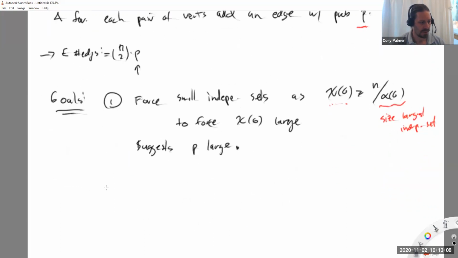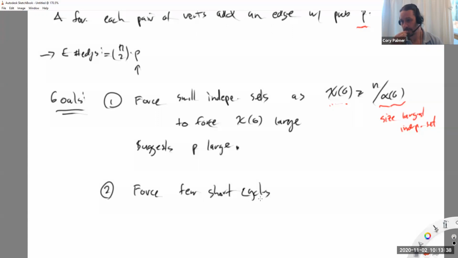Now the second goal. This gets my chromatic number up, but the other thing I want to do is avoid having short cycles. So I also want to force few short cycles. Instead of forcing no short cycles, I'm going to force very few, because I can deal with short cycles by removing a vertex from them.